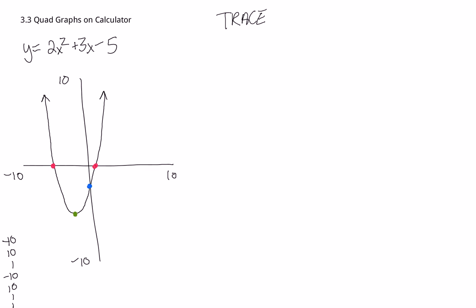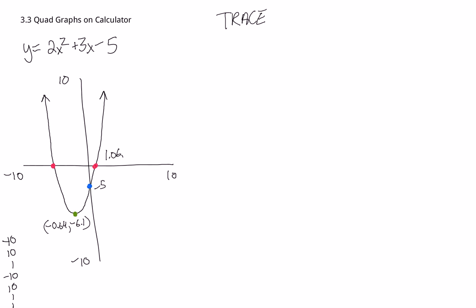So when I do that, I get about 1.06 for this x-intercept, and if I trace down, I'm getting around -5 for the y-intercept, and it looks like our vertex is probably around somewhere about there, so -0.64, and the y-coordinate is -6.1.